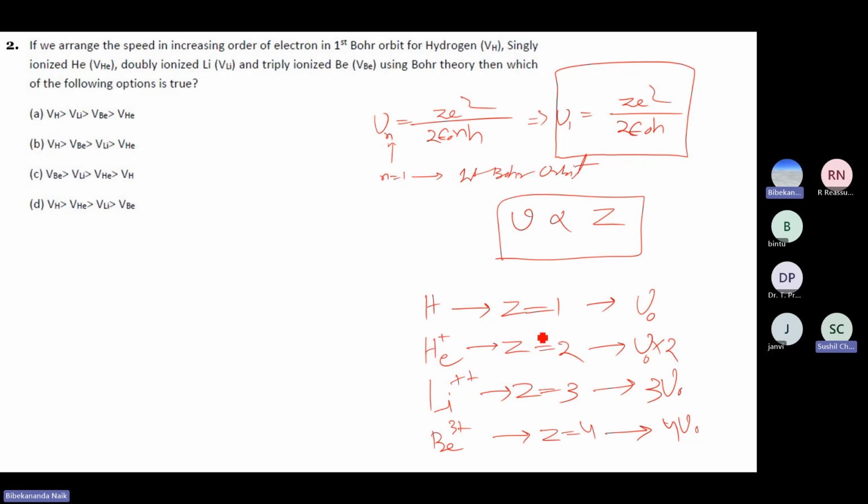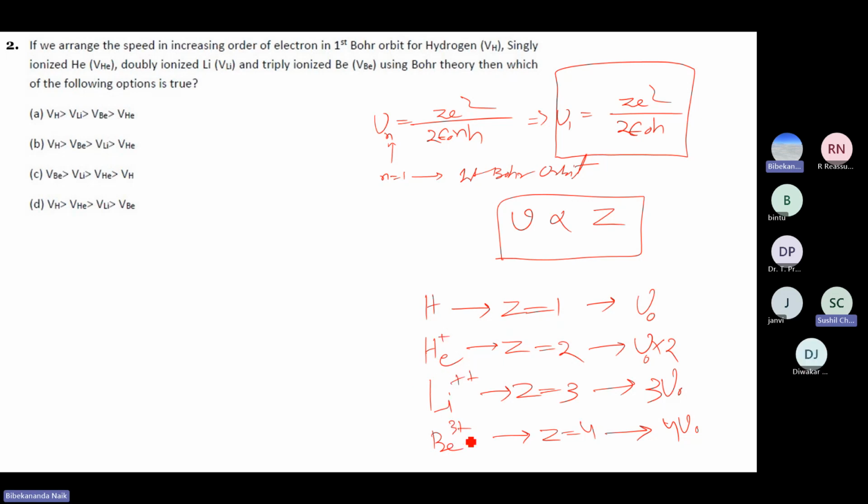The question says we arrange the speed in increasing order. So if we are arranging it in increasing order, then the lowest velocity will be of hydrogen, then helium, then lithium, then beryllium. So what will be the correct option? The highest will be of beryllium, then lithium, then helium, then the lowest will be of hydrogen.